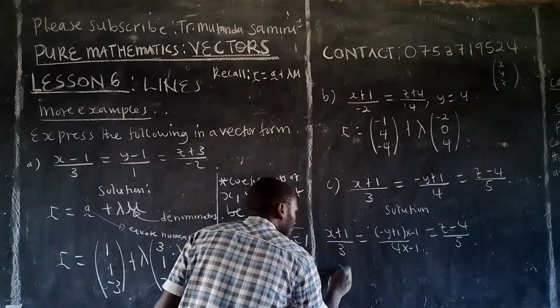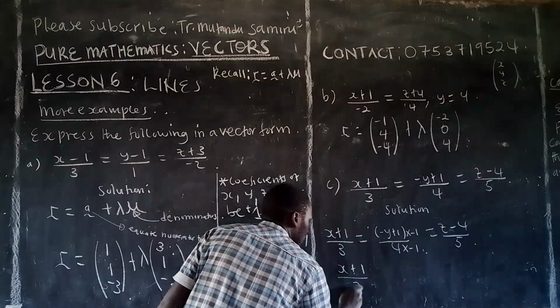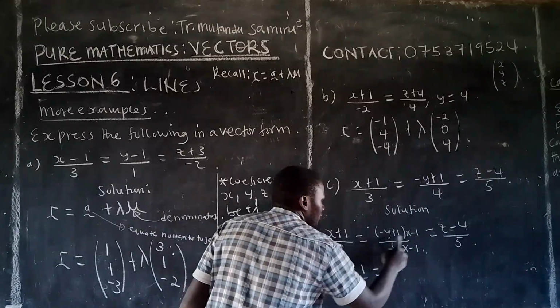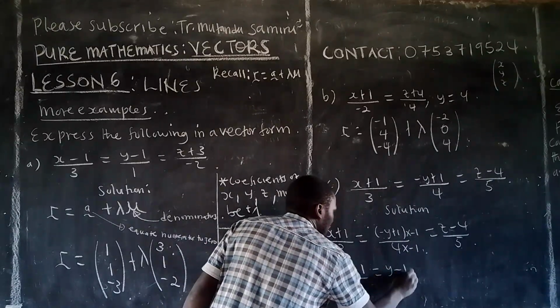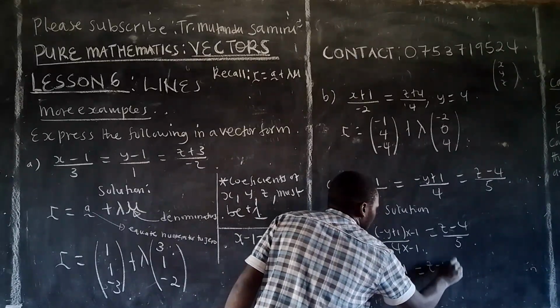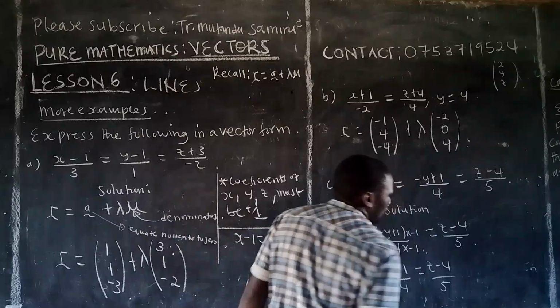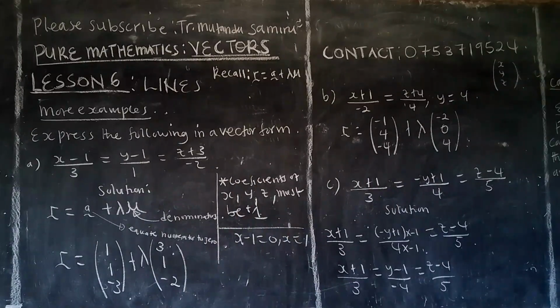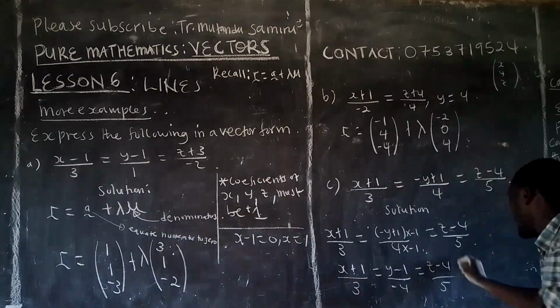So this will now be x plus 1 over 3 is equal to y minus 1 over negative 4, equal to z minus 4 over 5.